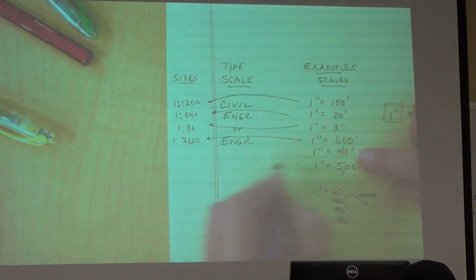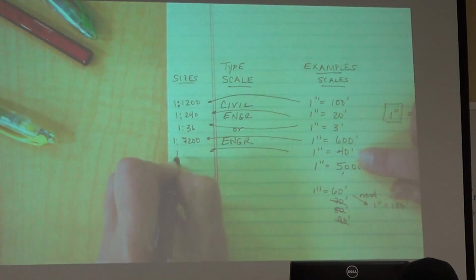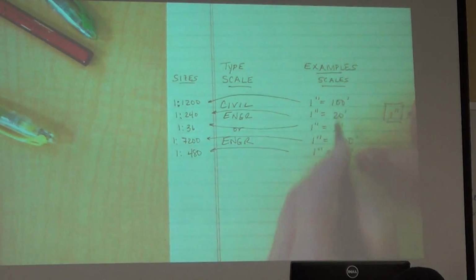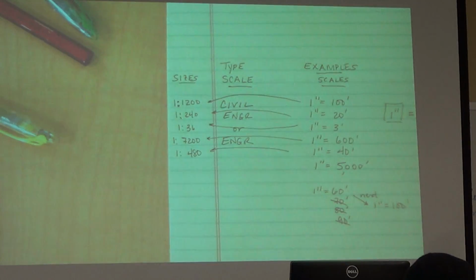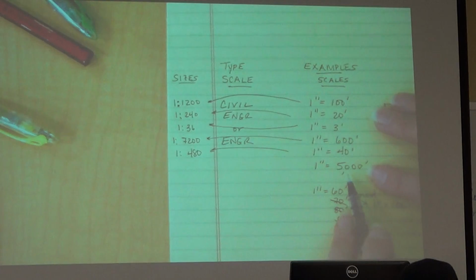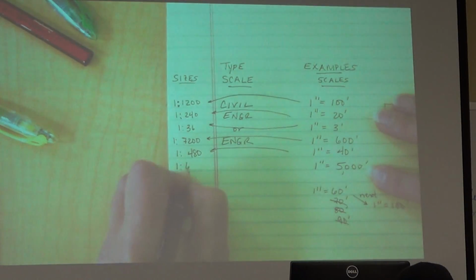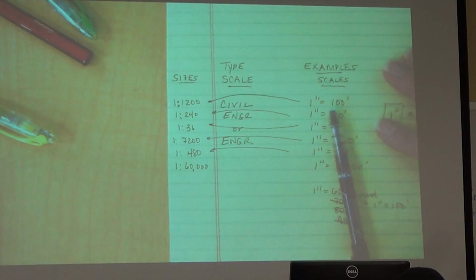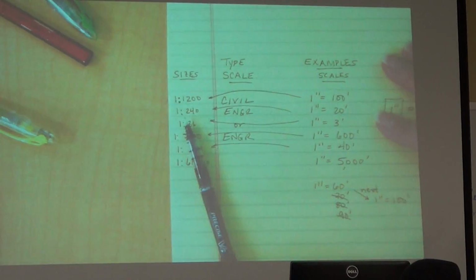Good. This next one? 480. Right, so what are you doing to all these numbers? Multiplying by 12. 5,000? 60,000. So does everybody understand the difference between the scale and the size?